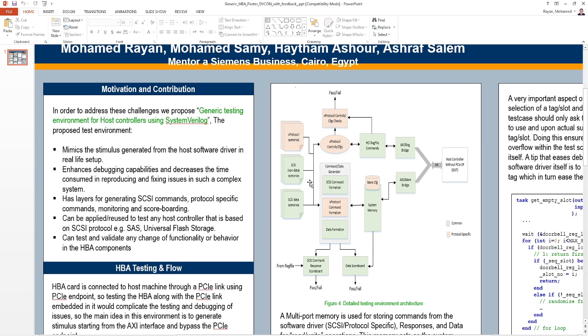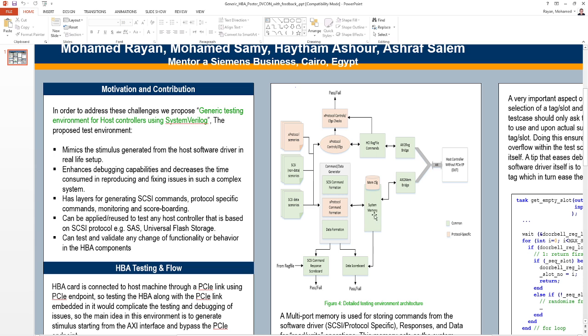So the transaction goes to the layer generating the data command and the SCSI command, and the data formation. The environment has a configuration for different types of queues, and the queue depth is a configuration inside this environment. The command is composed and written to what is called here the system memory.